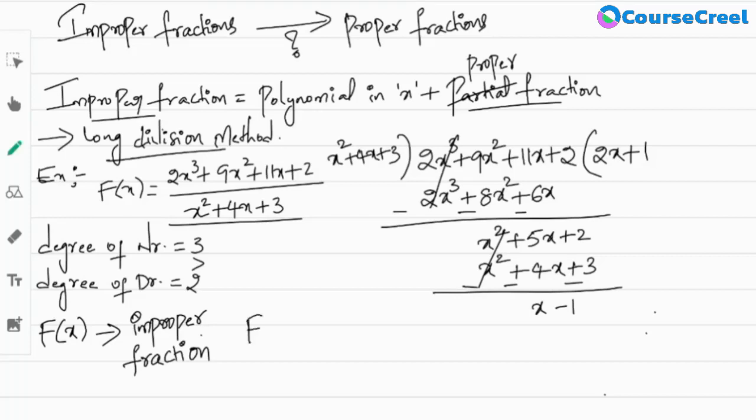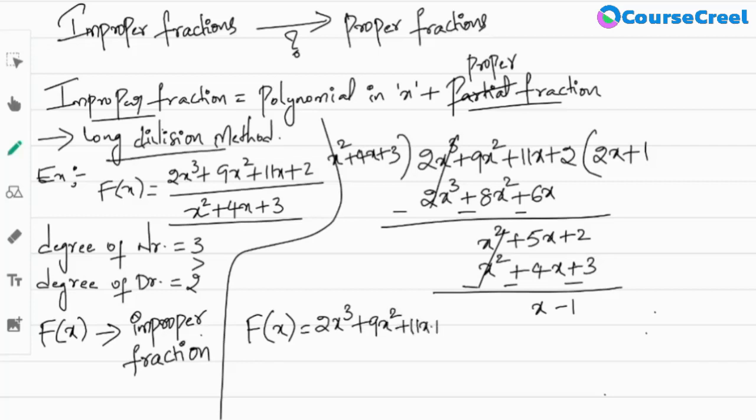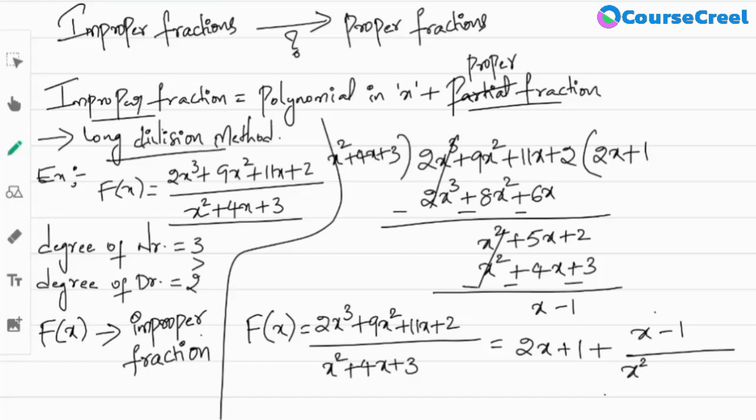Now the given f of x, equal to 2x cube plus 9x square plus 11x plus 2 by x square plus 4x plus 3, can be expressed as a polynomial in x plus a proper fraction, which is x minus 1 by x square plus 4x plus 3.